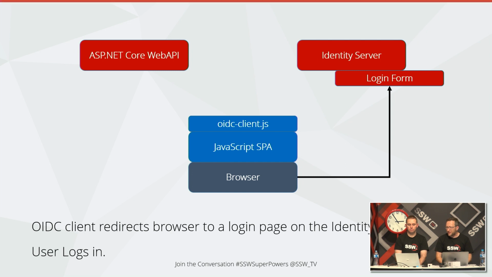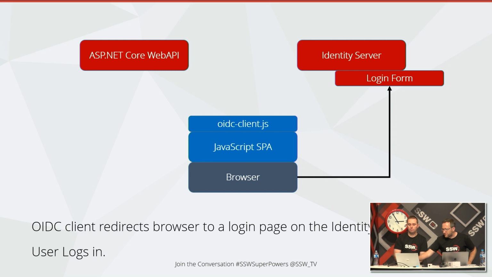Once again, if you'd put identity server on the same server or in the same web app as the web API, it would stay on the same URL. Otherwise, it would navigate off to where your identity server is. So at this point, your single page app has at least two pages because you've had to navigate away to this login form to perform the login. But you go to a form somewhere, you put in your username and password, hit submit, identity server checks your password, goes, yep, that's who you are, you're all right.